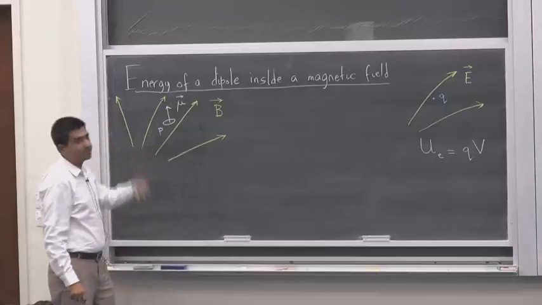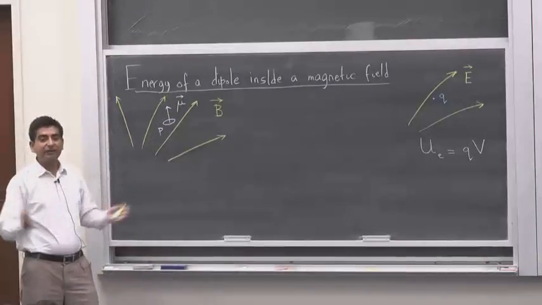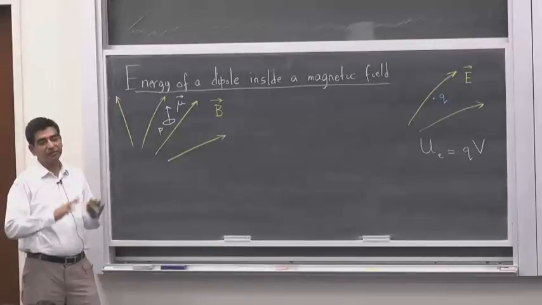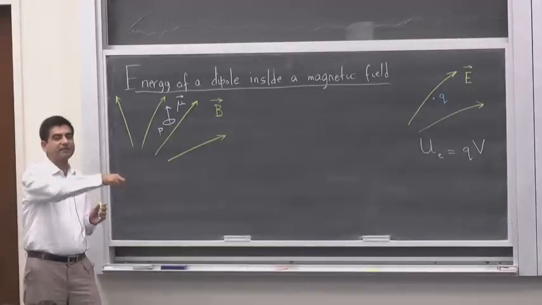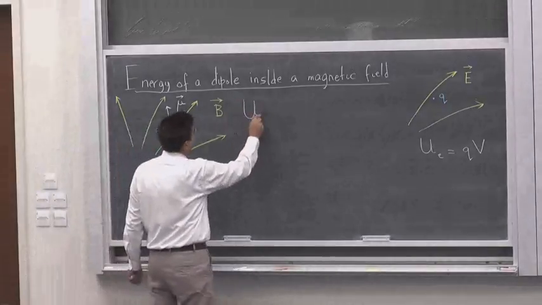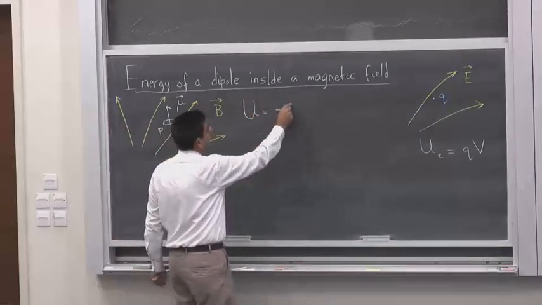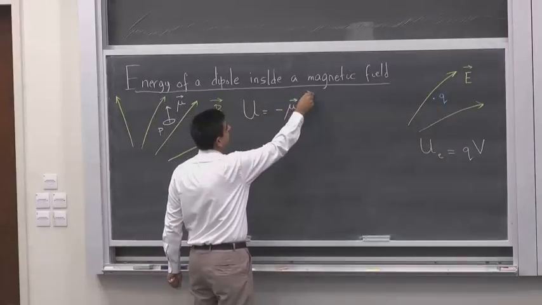So when this object is placed inside the magnetic field, there is a corresponding magnetostatic or magnetic potential energy associated with this system, an external object that has been perched at a certain point inside the magnetic field, and that energy U is given by the dot product of the magnetic moment with the magnetic field.